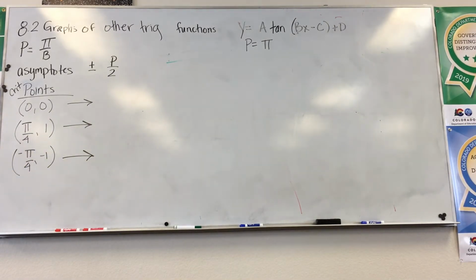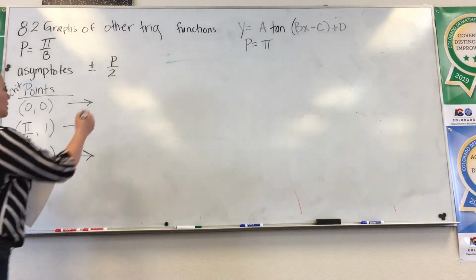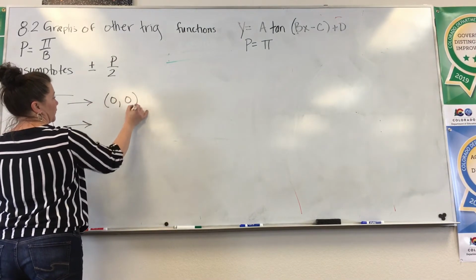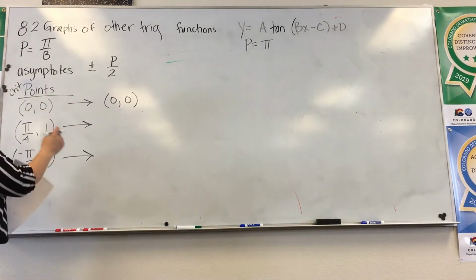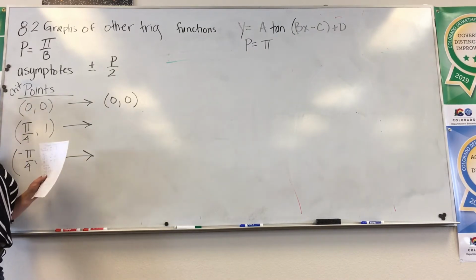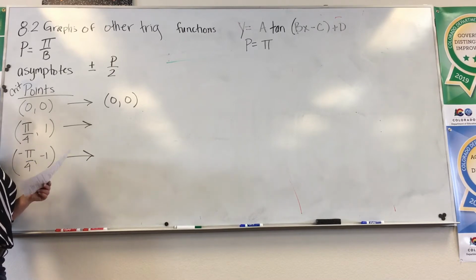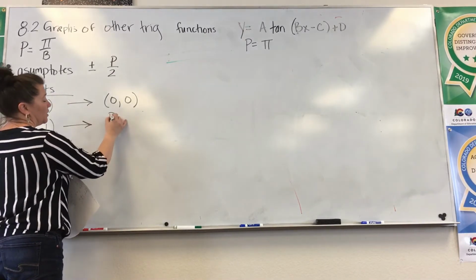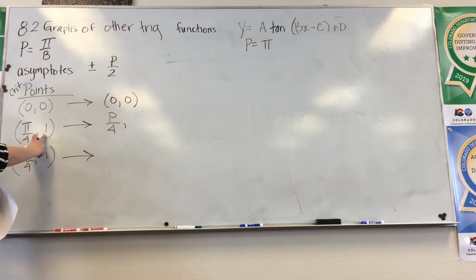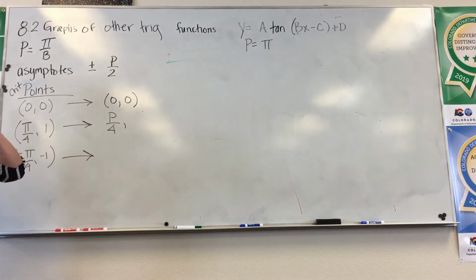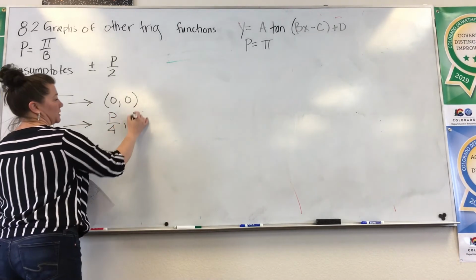just like we did for everything else. If we have no shift or anything, 0, 0 is not going to change. And then we take whatever the period is and divide it into fourths, just like we did for everything else. So the period divided by 4 is going to have a maximum, which is not really a maximum, but it's going to be your positive a value.